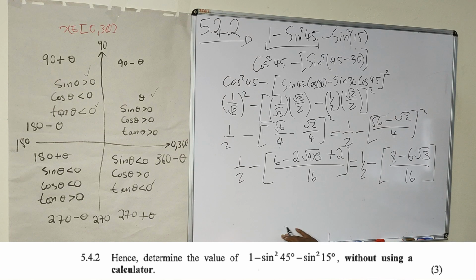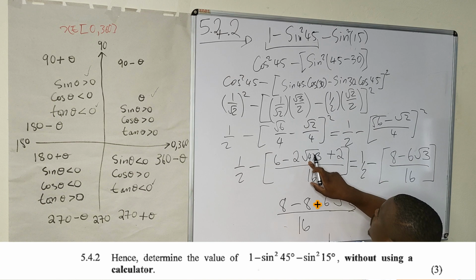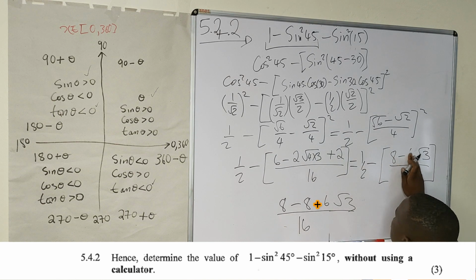And then you say, okay, I have 16 here, this goes 8 times, so it's 8 minus 6 root 3. Actually, it's not 6 root 3, because this is going to be 2, so it's going to be 4 here.